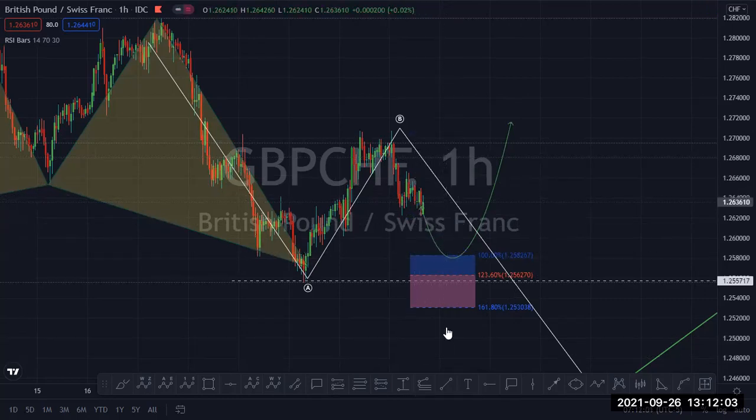It may just drop like this, make some move like this, and drop again. So don't mind this arrow I made. This is a secondary move it can make. But for now, I'm expecting it to drop to this level, make 3 waves, and drop again. Okay.